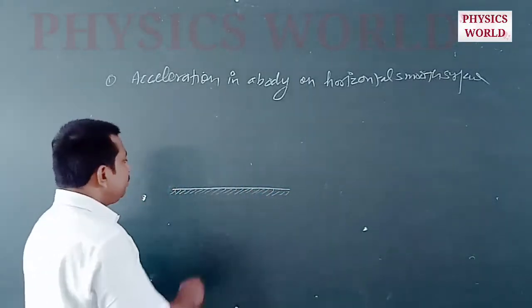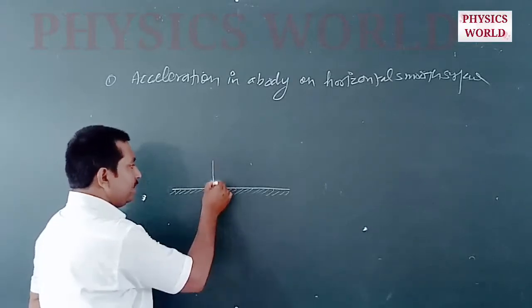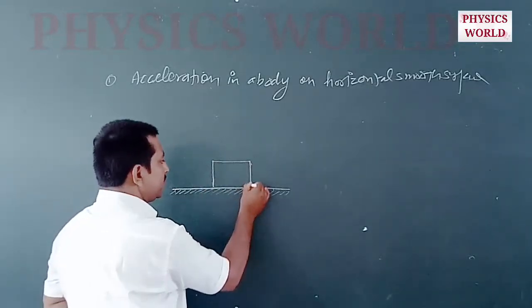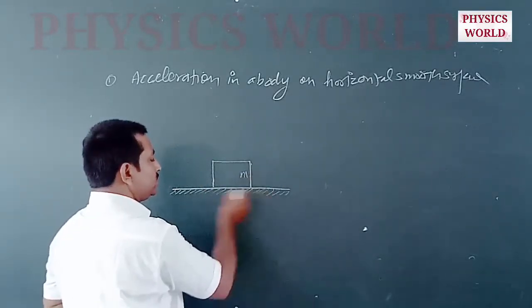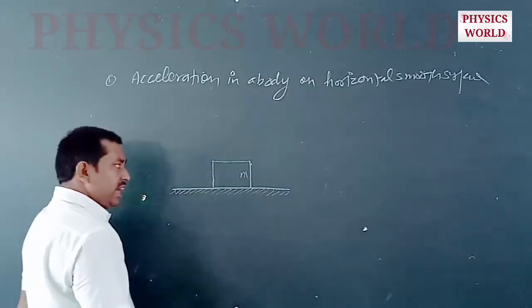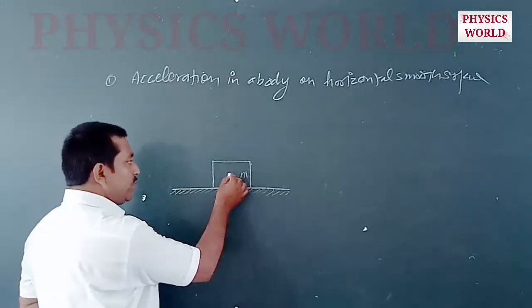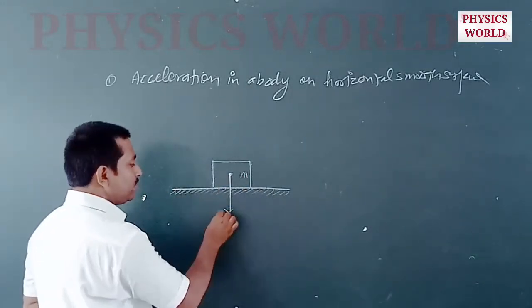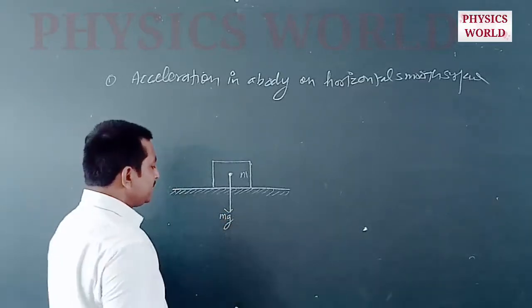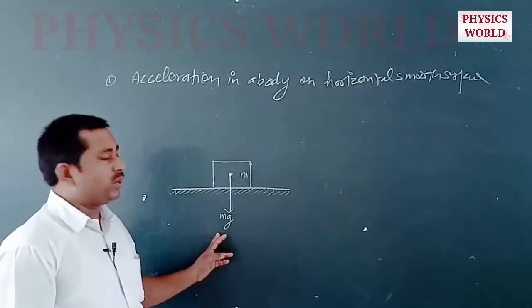Then if we consider an object of mass m placed on this plane, what will be the weight of this object? This will be equal to mg, and this mg is always acting vertically downward.